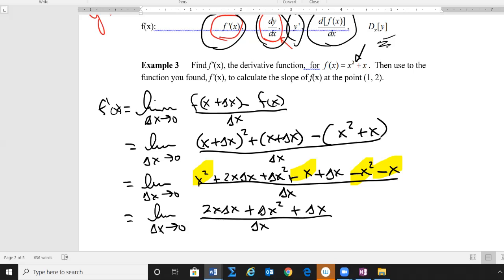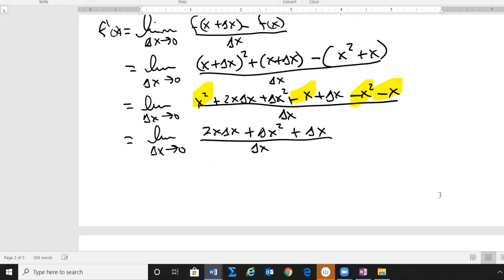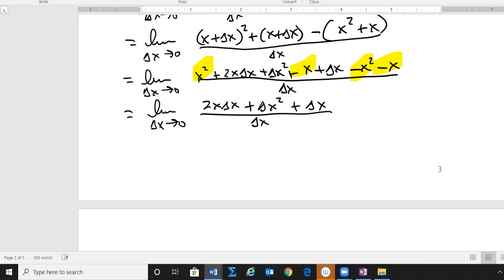Okay, now notice also that as you come down this way, the delta x's will cancel. This is something you have to look for. They'll divide out. Look for this in most of these problems. You have a 2x plus a delta x plus a 1, and that's all times the delta x over delta x.